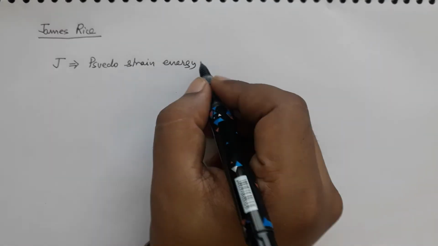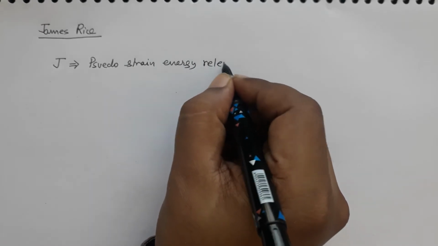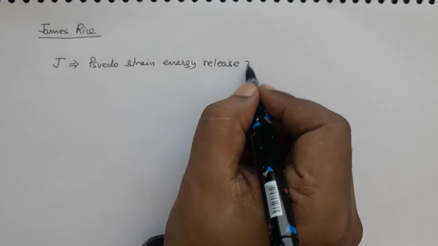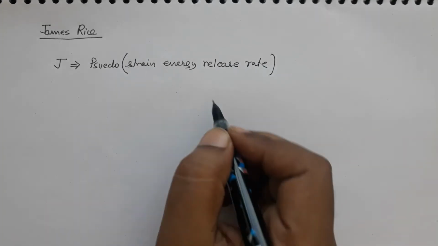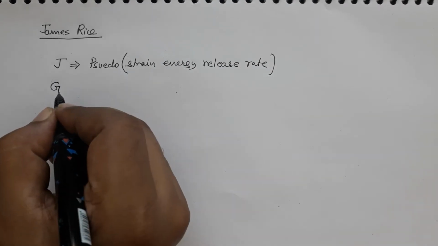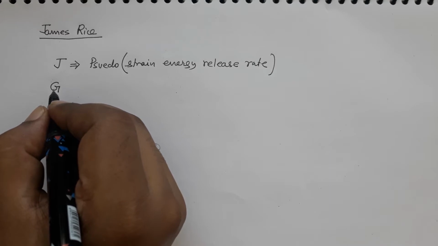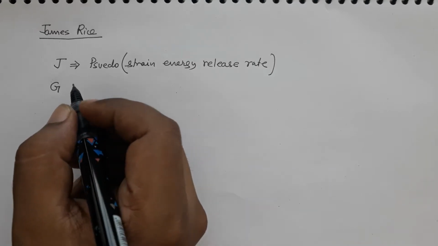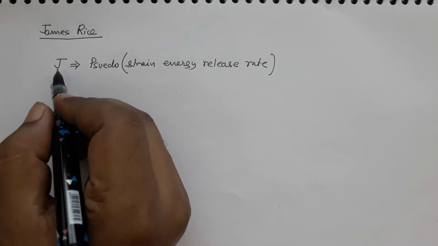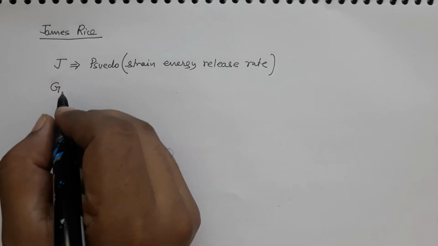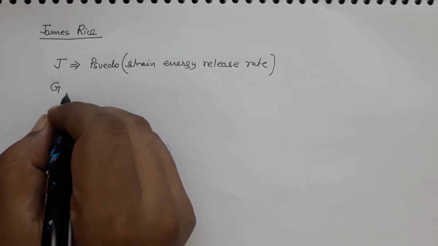So, maybe this term sounds familiar to you because the same concept was given by Griffith, which was strain energy release rate, which was G in Griffith's calculation, and the symbol G because he was Griffith and J because James Rice. And so, Rice proved that J is equal to G with some correlation.